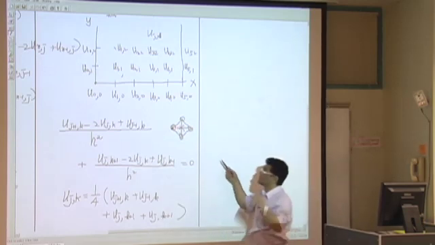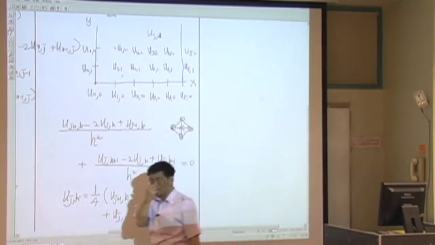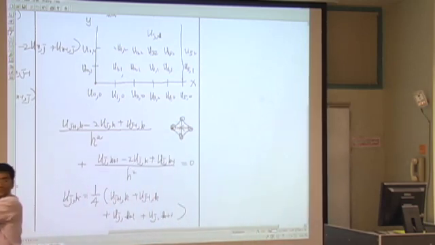Diamond shape, right? So by using the surrounding 4 points, you get the middle point. But if you have a question, ask me.